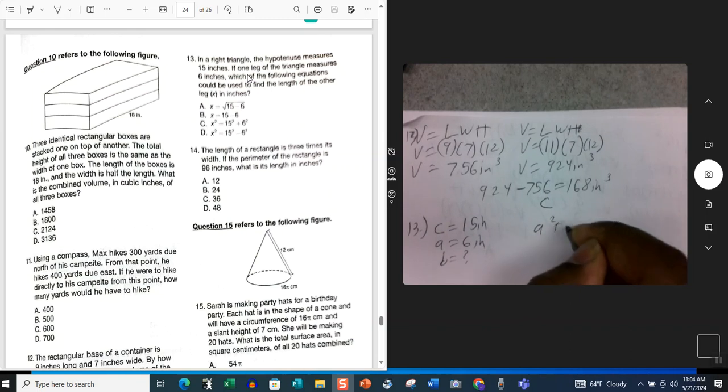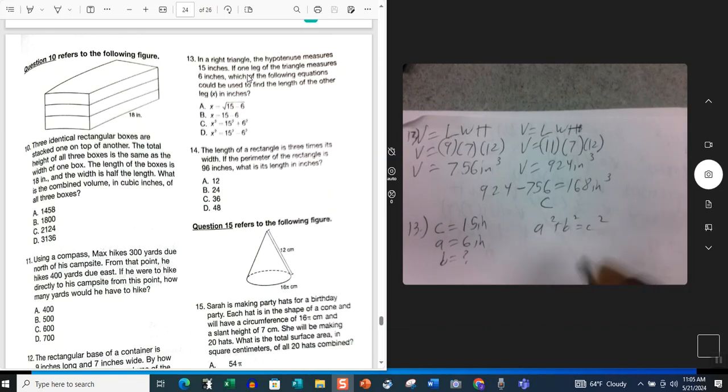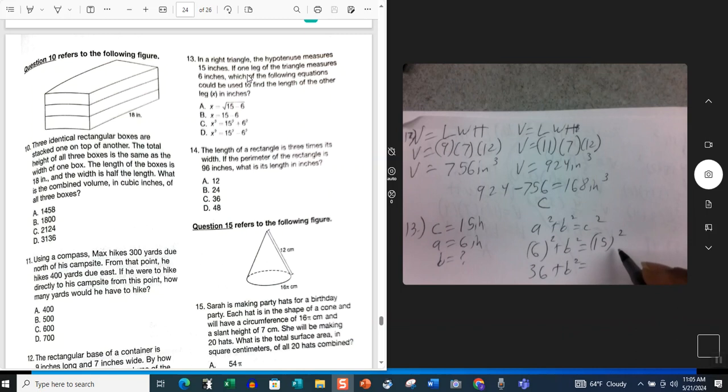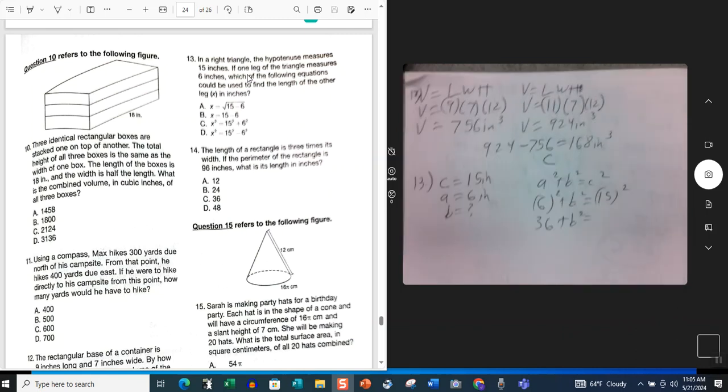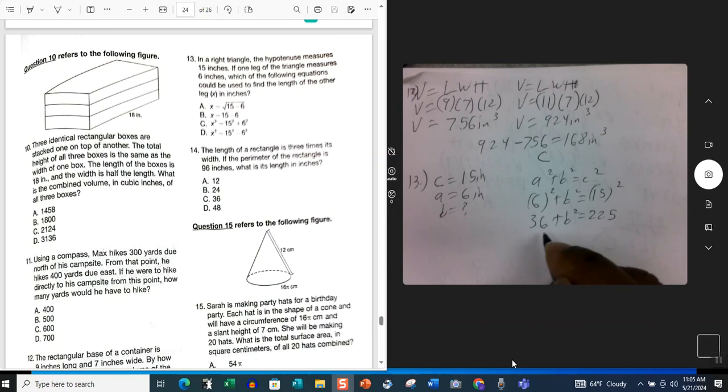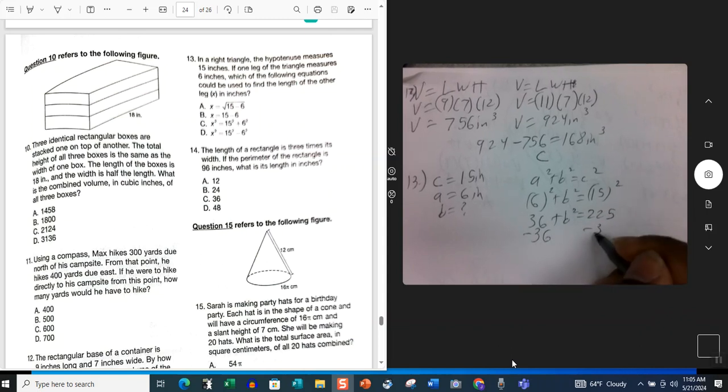So we got A squared plus B squared equals C squared. So we had A is 6 squared plus B squared equals 15 squared. 6 squared is 36 plus B squared is equal to 15 squared. If I am not mistaken, 15 squared is 225. So we'll subtract 36 on both sides.